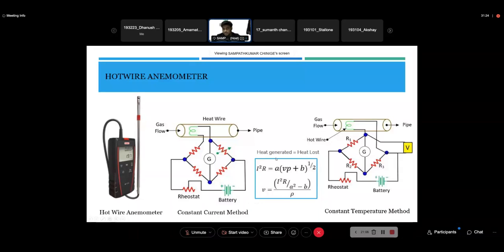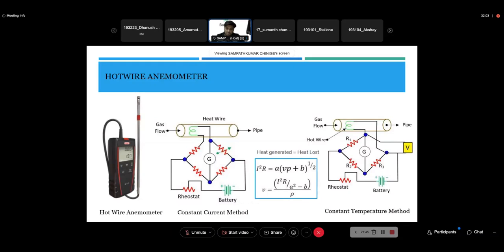So the basic energy balance: heat generated is equivalent to heat loss. From that we will be able to find I square R, the energy, is the heat that is being taken out, and this is the expression which we call King's law. So the velocity of the flow and the specific heat of the flow is what takes care of the amount of heat that is being absorbed from the filament. So those things are taken into care. Now the final expression is V, the velocity of the flow, is equivalent to I square R, which is basically your current and resistance of the wire, and A and B you have to find out from the calibration curve, and your rho is your density.